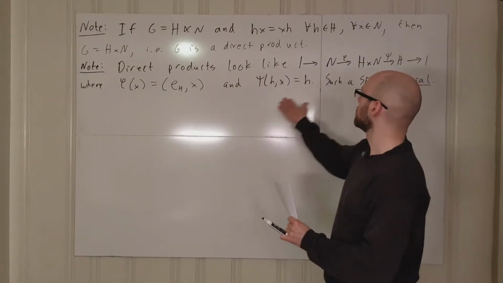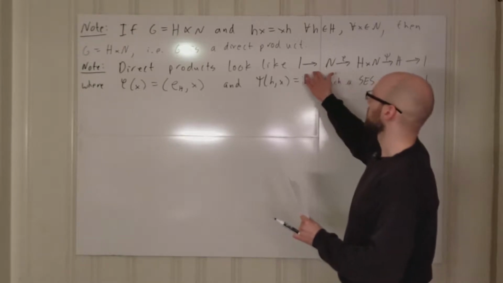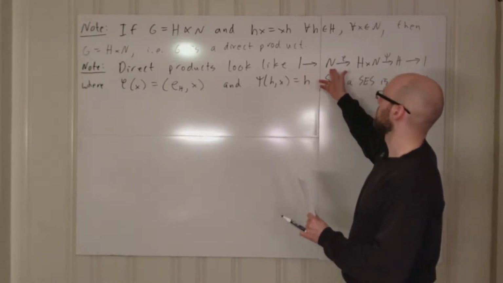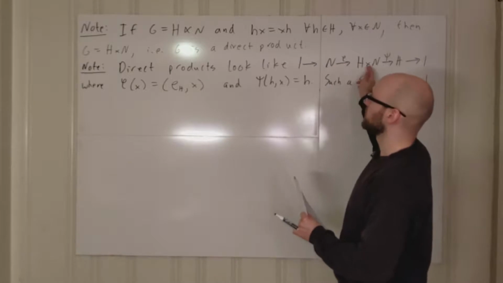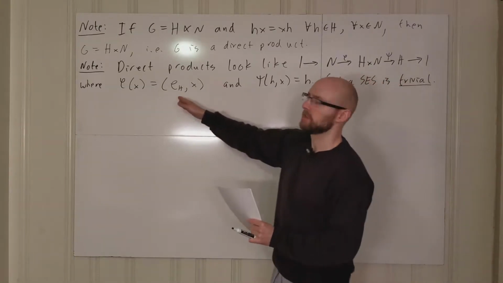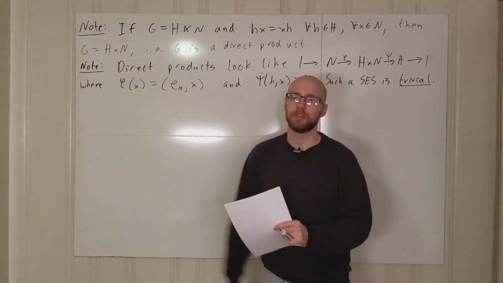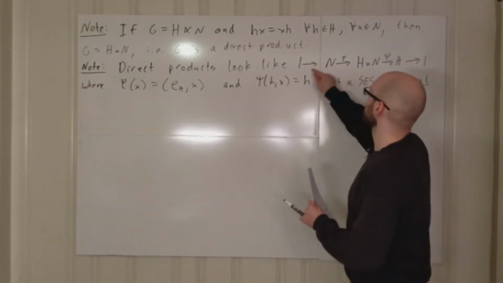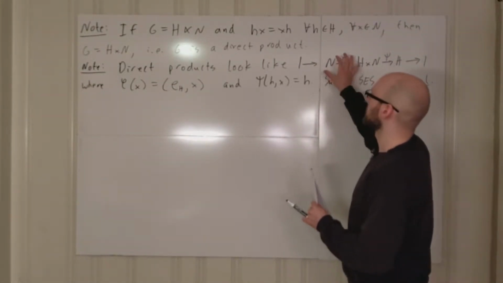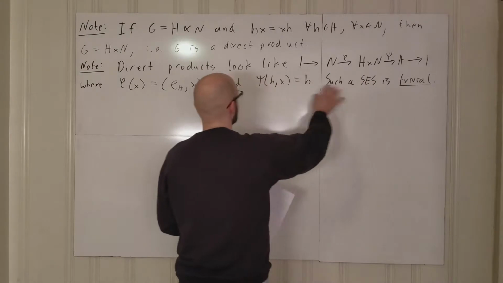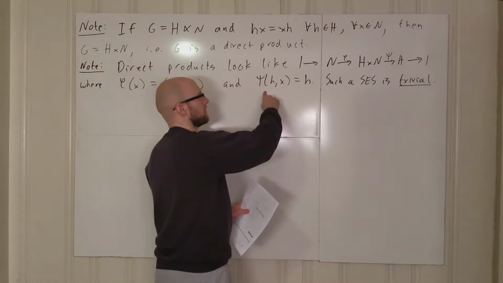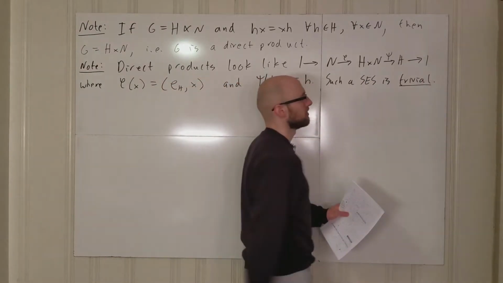Really what you're doing is taking N and going from 1 to N, and then from here to here we just add the identity element onto it. And on the other side, we just project onto H and go here.